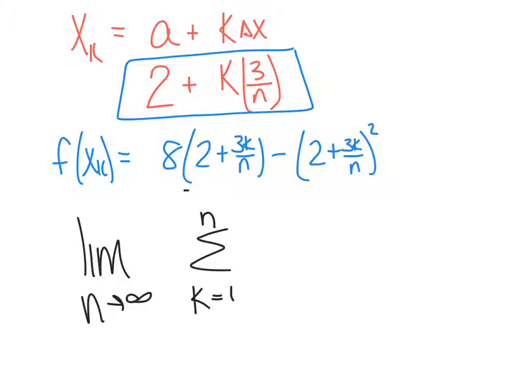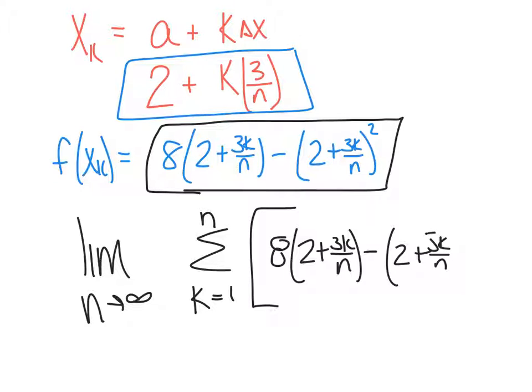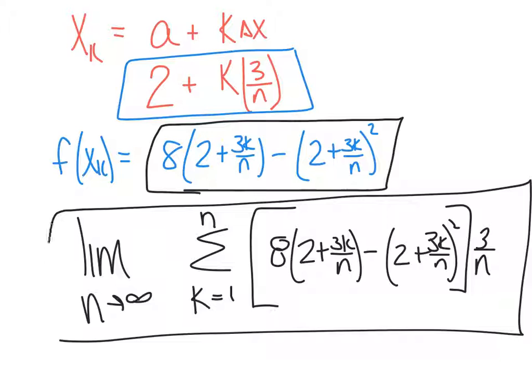So this is my f of x sub k: 8 times (2 plus 3k over n) minus (2 plus 3k over n) squared, times my delta x, so times 3 over n. And there you go, I have my limit.